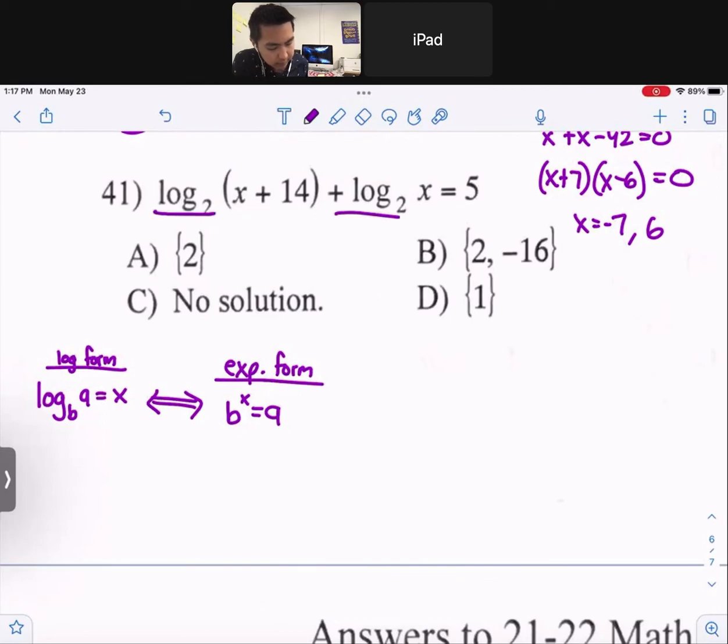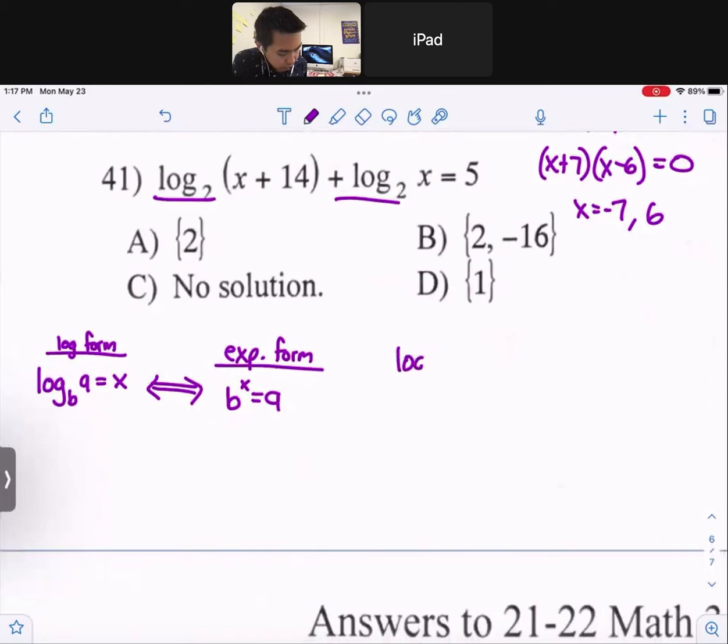So let's condense this. Log plus a log, that means we can condense it to one log, but then this and this get multiplied to each other. So we got log base 2 of x squared plus 14x equals 5.